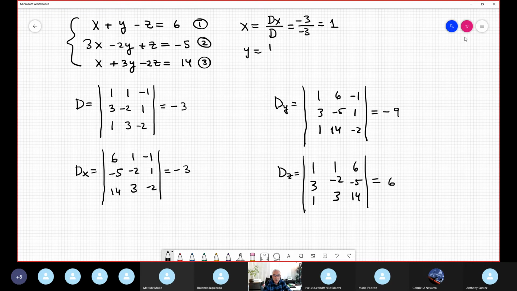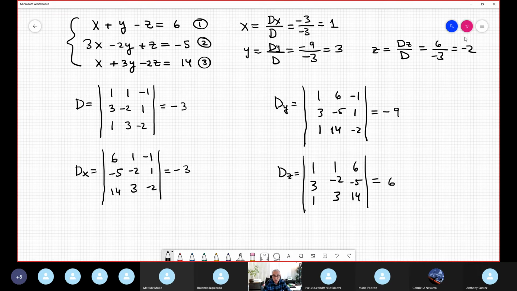The y value is dy divided by d, so -9 divided by -3 is +3. And z is dc divided by d. dc is 6, d is -3, the answer is negative 2.